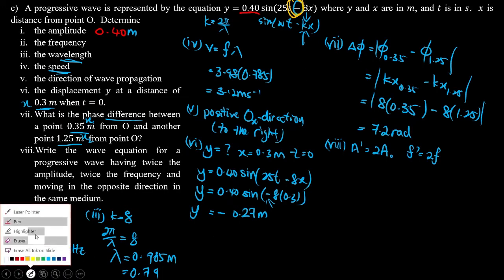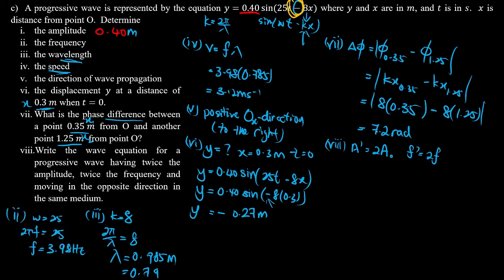So we have to find the equation. Change the values first. Your new amplitude A prime will be equal to 2 times 0.40, which is equal to 0.80. Now the new omega will be 2 pi f prime, where f prime is 2f.